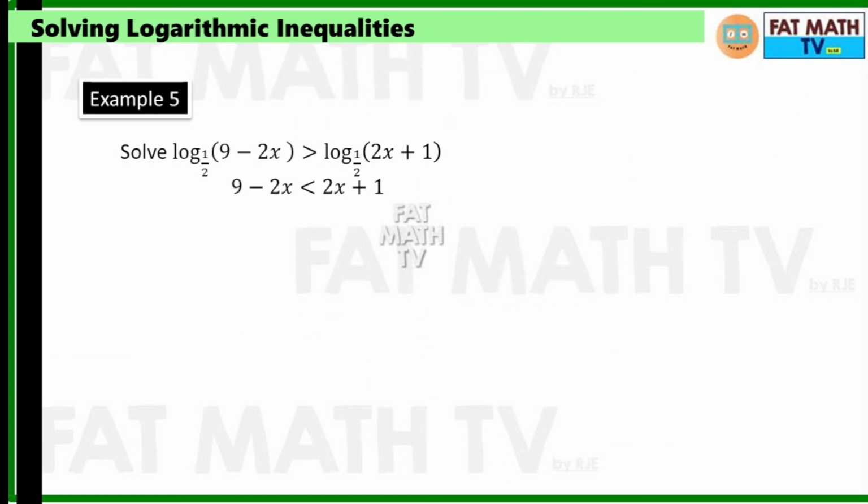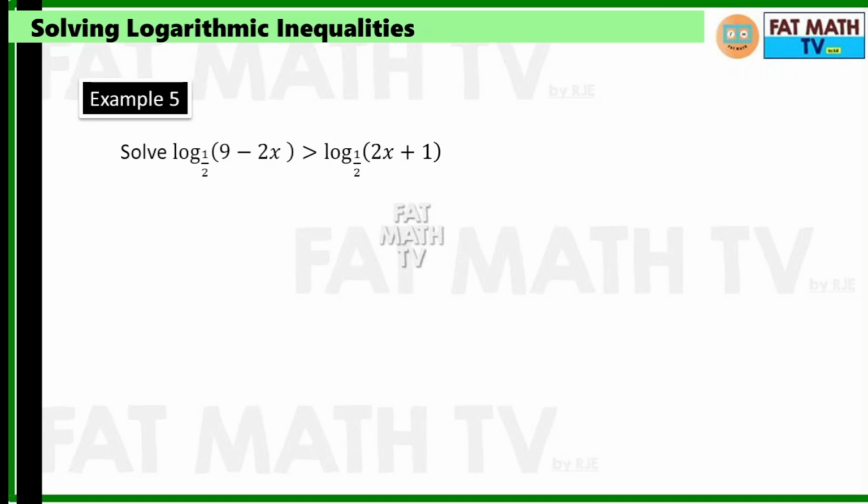Example number 5, logarithm of 9 minus 2x to the base 1/2 is greater than logarithm of 2x plus 1 to the base 1/2. As what you can see here, our base is less than 1. So if it's less than 1, if you get the logarithm, then you should reverse the inequality symbol.